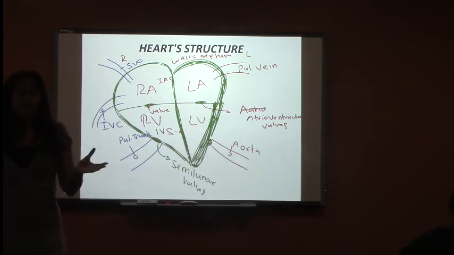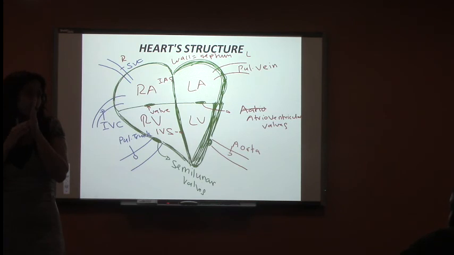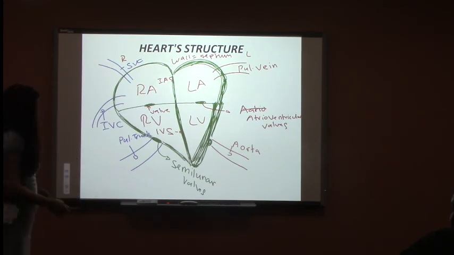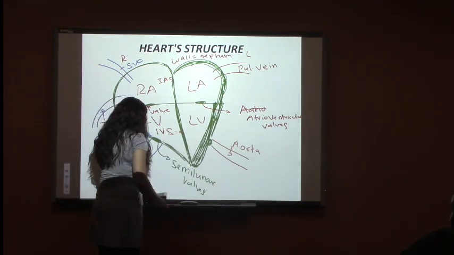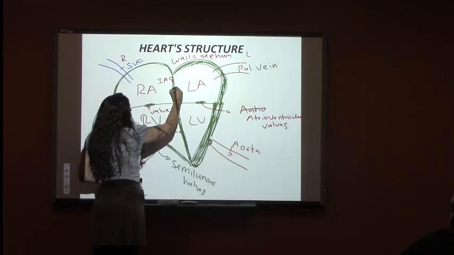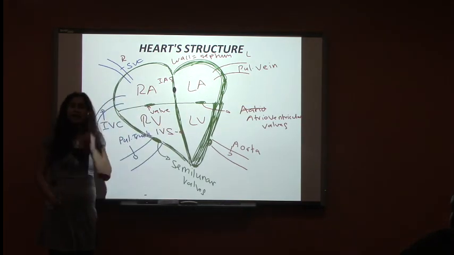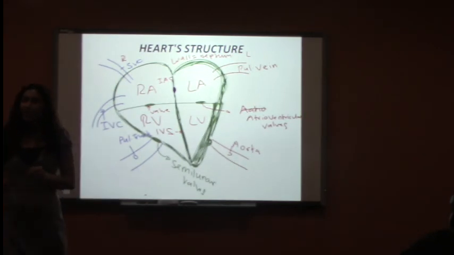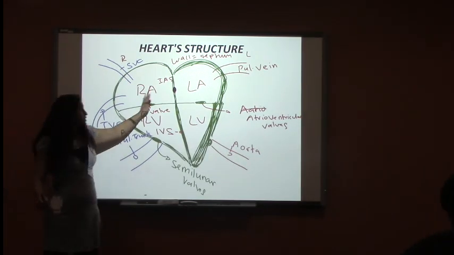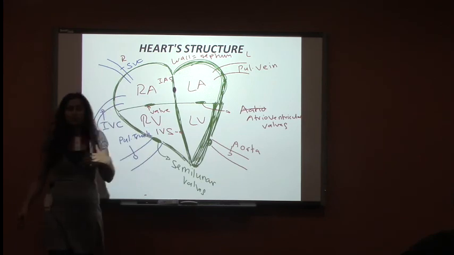The reason is because what happened is he had a hole within his heart. Okay? The hole is actually right here. The wall actually has a hole. Okay? And because of that hole, blood is going through and it causes problems.